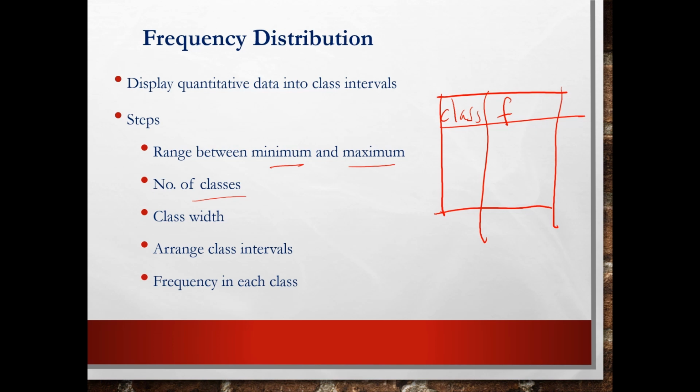Then once you decide the number of classes, calculate the class width and arrange the class intervals, that is, put up the class intervals 2 to 4, 4 to 6 likewise, and calculate the frequency belonging to each.